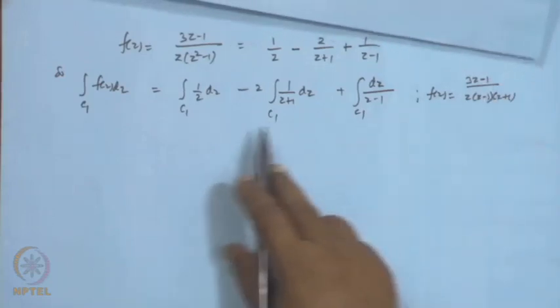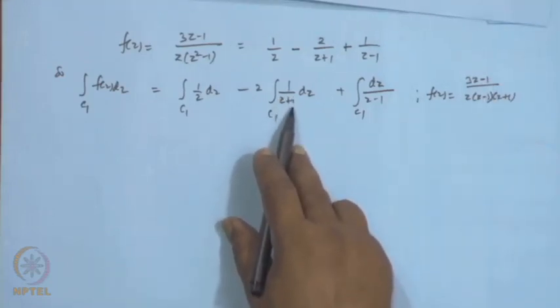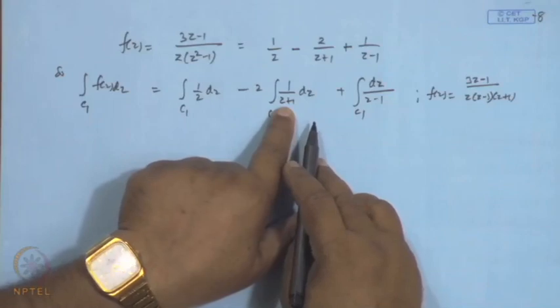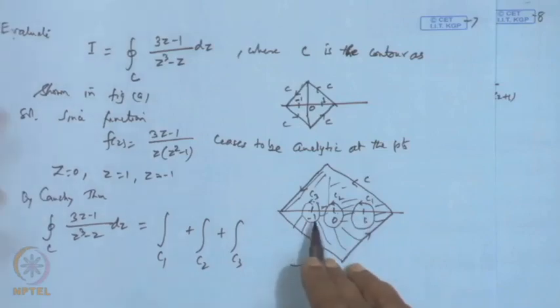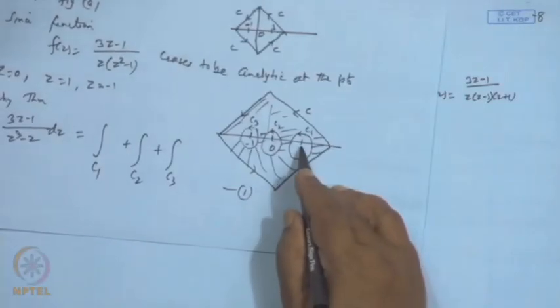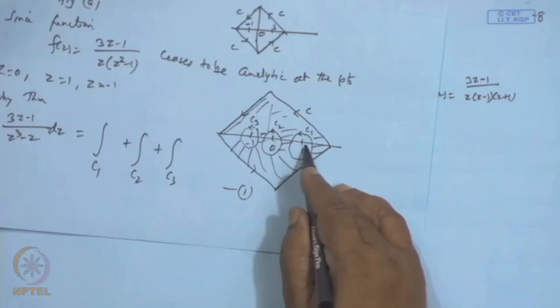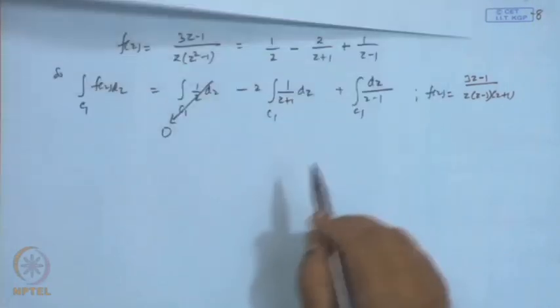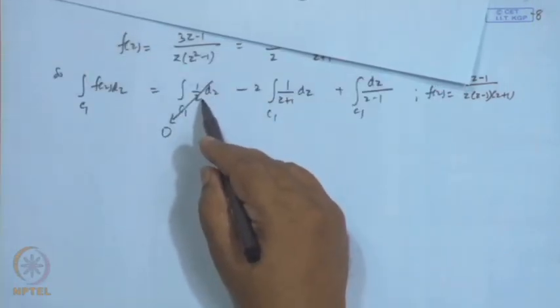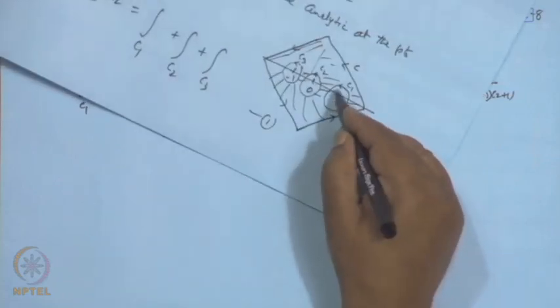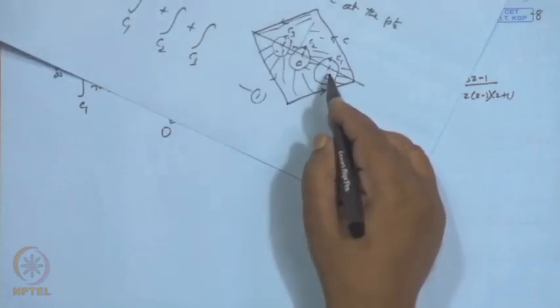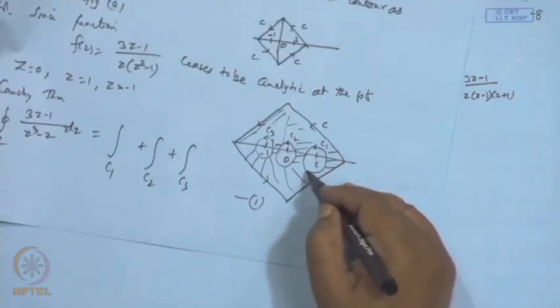The point z equal to 0 is not included inside C1. So, the value of the integral of 1 by z dz will be 0, because z equal to 0 is the singular point but lies outside C1, so 1 by z becomes analytic. The Cauchy integral theorem says the value of this integral must be 0.